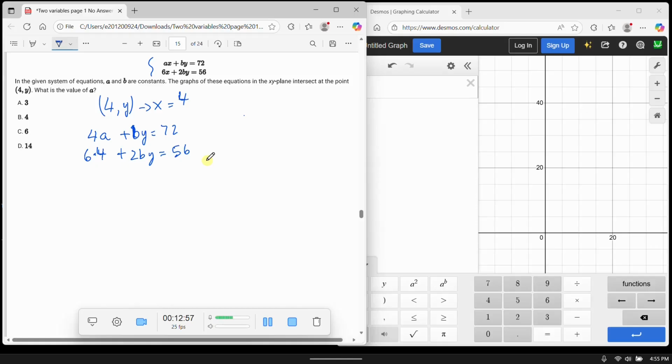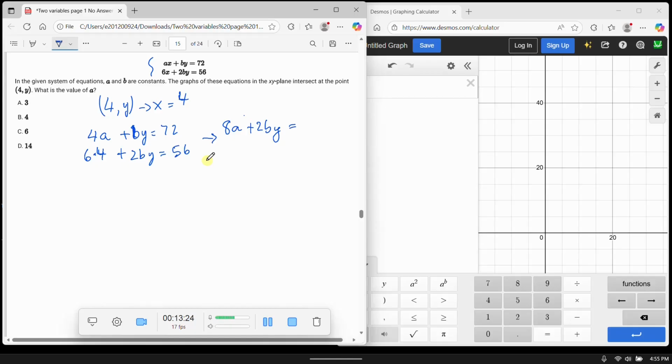So therefore, I'm going to multiply my first equation by 2. So I have the 2by on the first equation, as I also keep the 2by on the second equation. So again, I'm multiplying my first equation by 2. I will get 8a plus 2by.